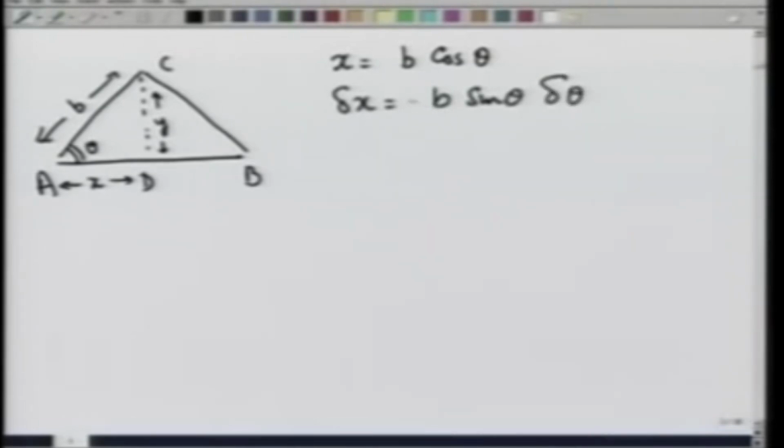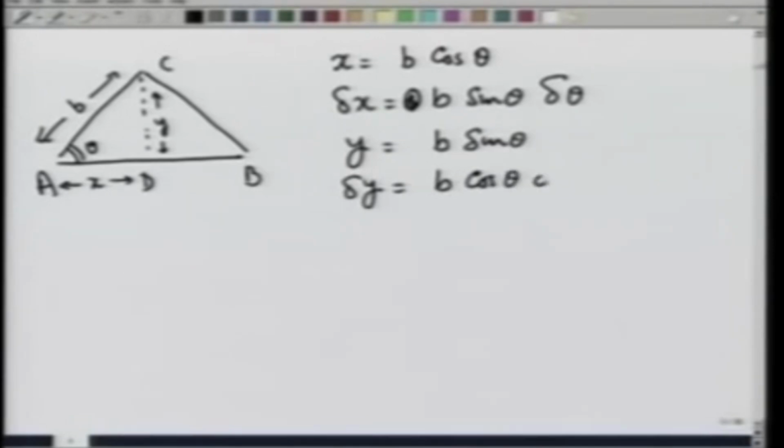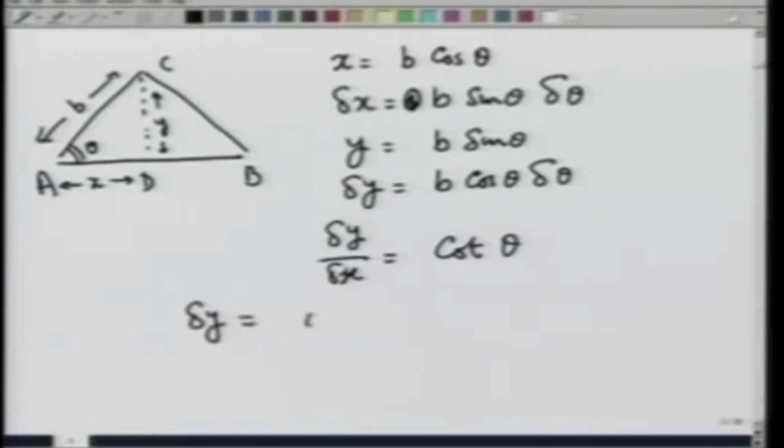I am just worrying about the magnitude, so I am not worrying about the minus sign. y equals B sine theta, and therefore, delta y is going to be B cosine theta delta theta, and therefore, delta y over delta x is going to be equal to cotangent theta, or delta y is equal to delta x times cotangent theta.